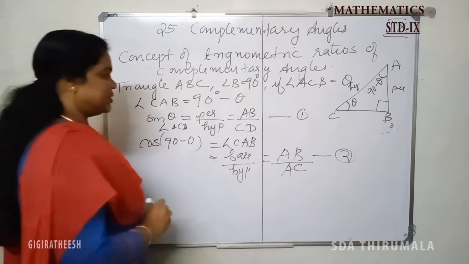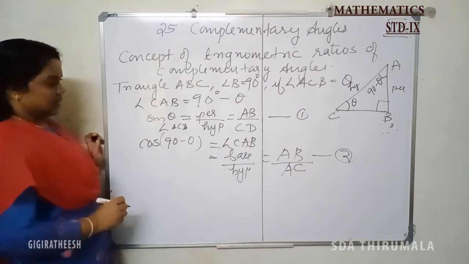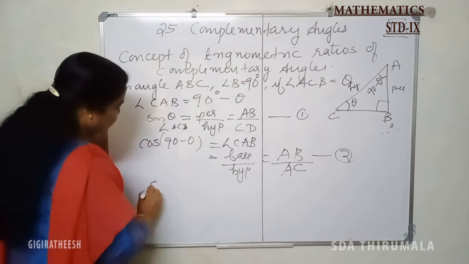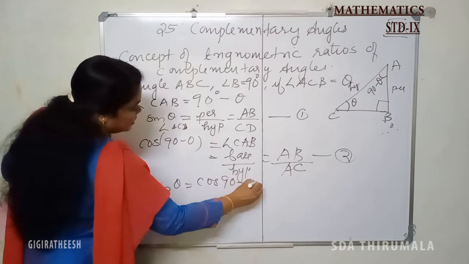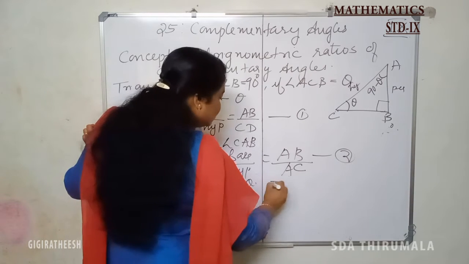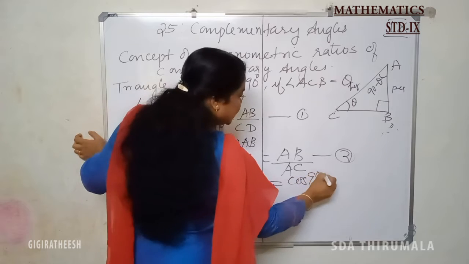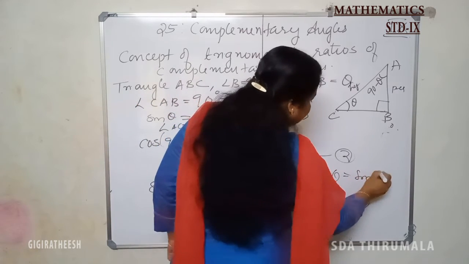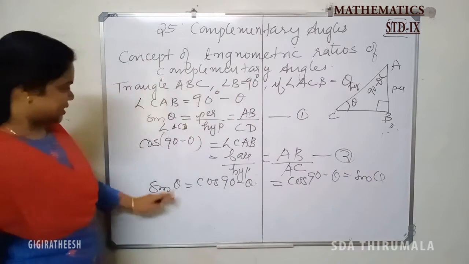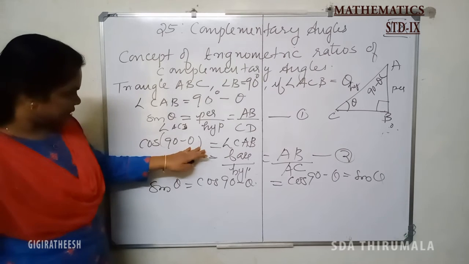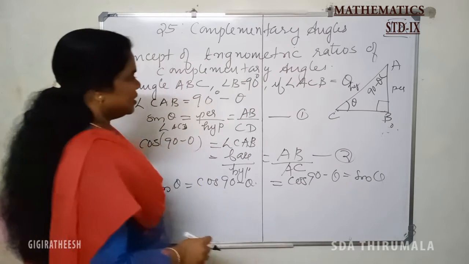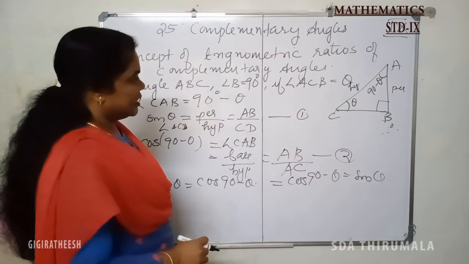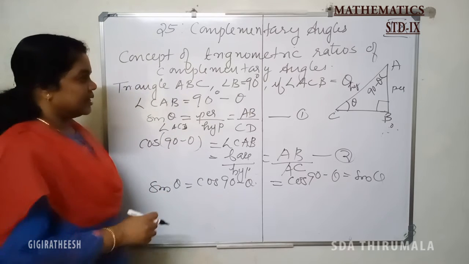From equations 1 and 2, we can say that sin theta is equal to cos 90 minus theta, since both are AB by AC.